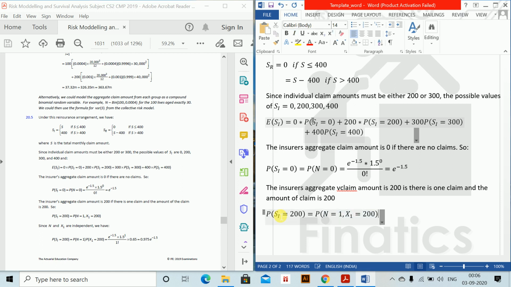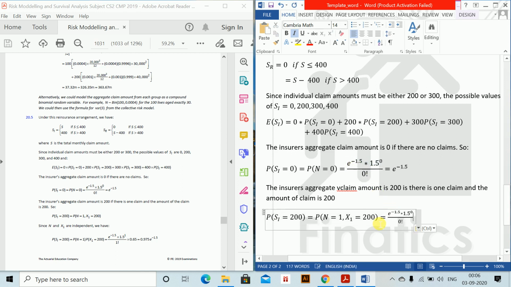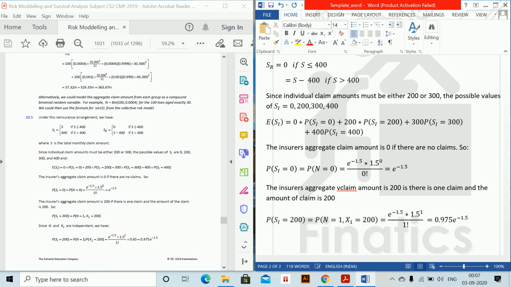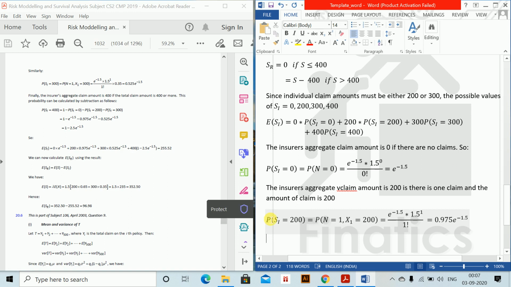Calculating these values, we have e to the power minus 1.5 times 1.5 to the power 1 divided by 1 factorial, times 0.65, which is equal to 0.975 e to the power minus 1.5. Okay, similarly we'll calculate the probability of S_I equals 300.